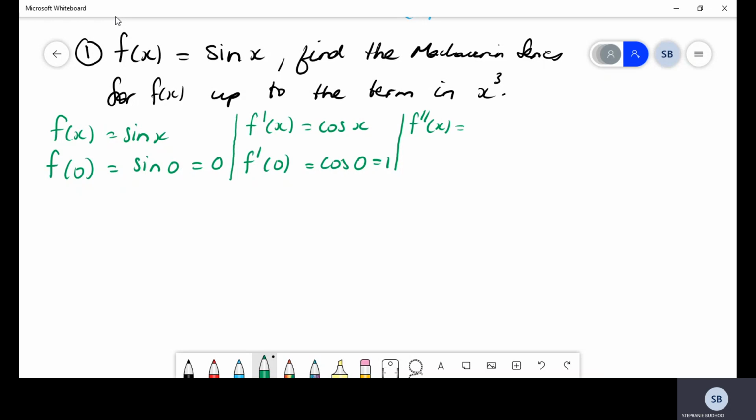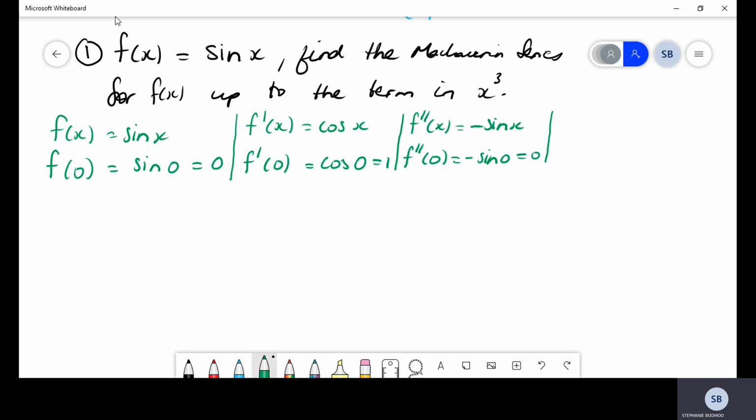If you differentiate cos x, of course, you'll get negative sine x. And let's find out if our second derivative exists at 0. So once again, negative sine 0 gives us 0. Of course, you'll be using your calculators, but you guys should recall that cos of 0 is 1, sine of 0 is 0.